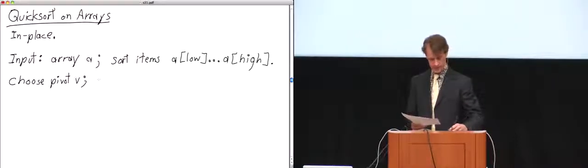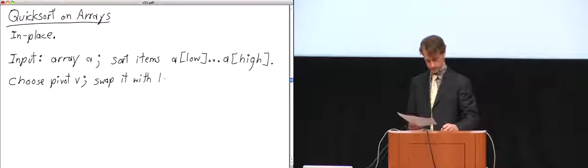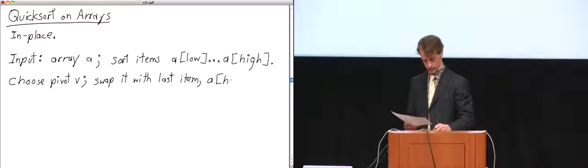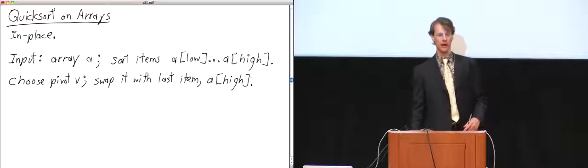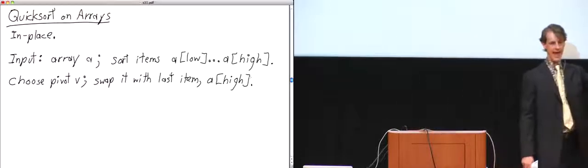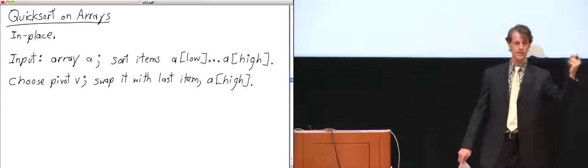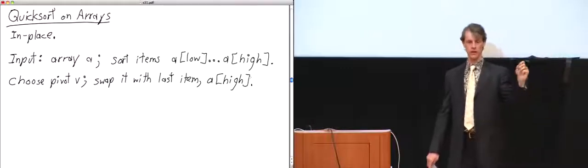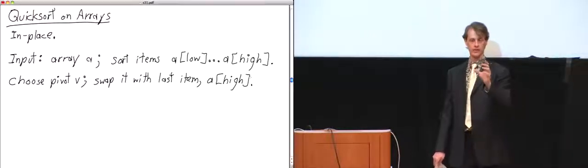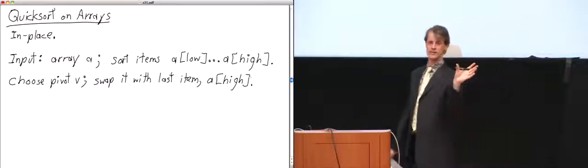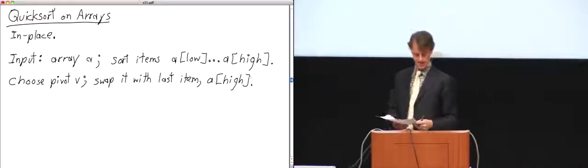In particular, I swap it with the last item in the array. So again, I'm just moving the pivot to the end of the array, or the sub-array, so that all the other keys that I want to partition are contiguous, and I can partition them really fast.